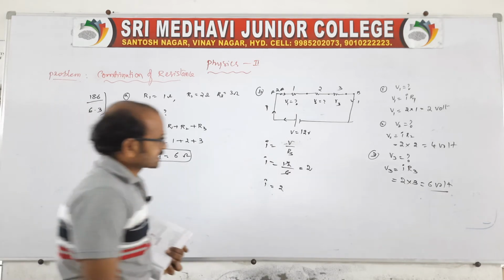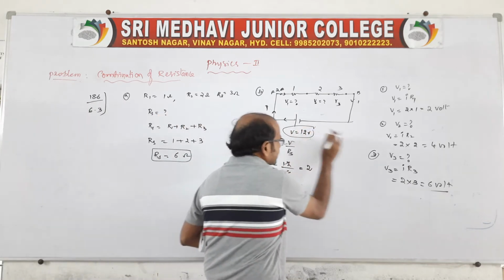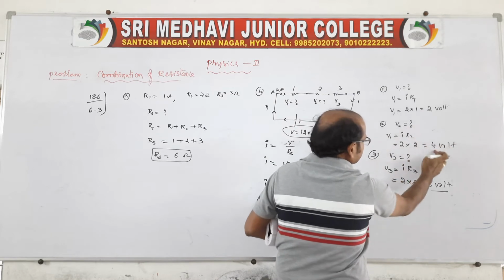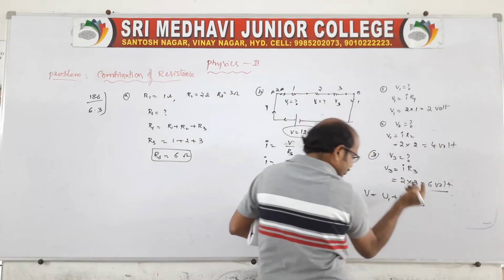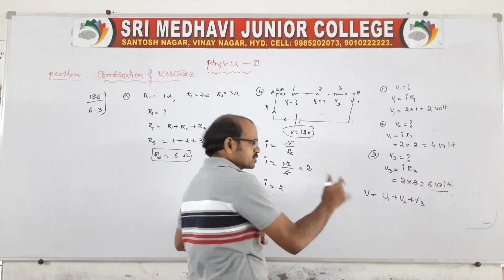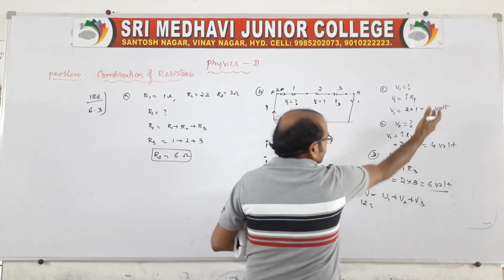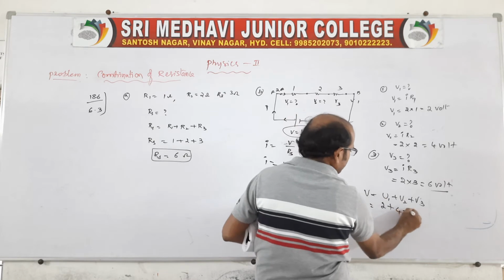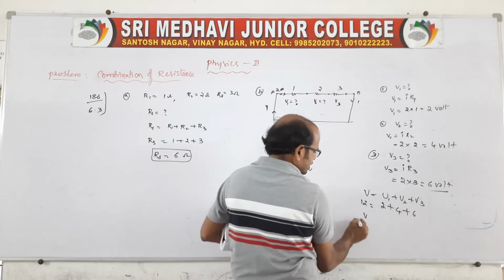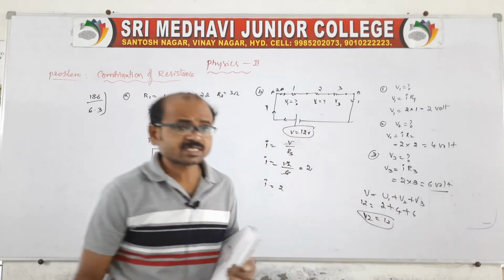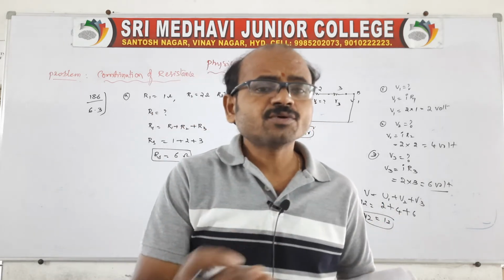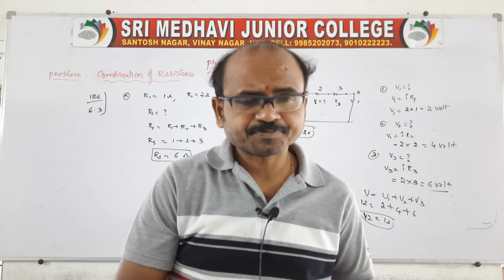See, whatever the applied voltage is, this will be the same. 2, 4, 6, because the total will be V1 plus V2 plus V3, no. We should get the potential difference same as the source. See, 12 is equal to 2 plus 4 plus 6. So we get 12 only. Whatever the source potential difference is, the combination also gives the same.